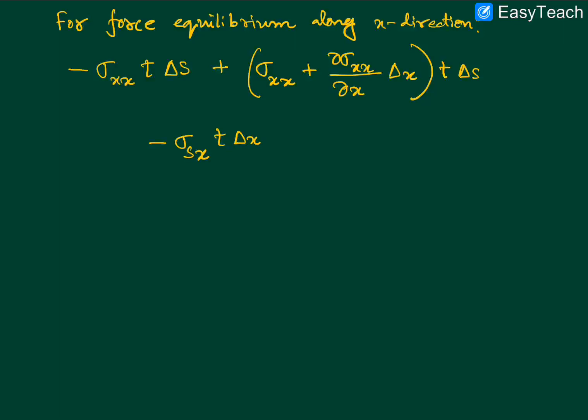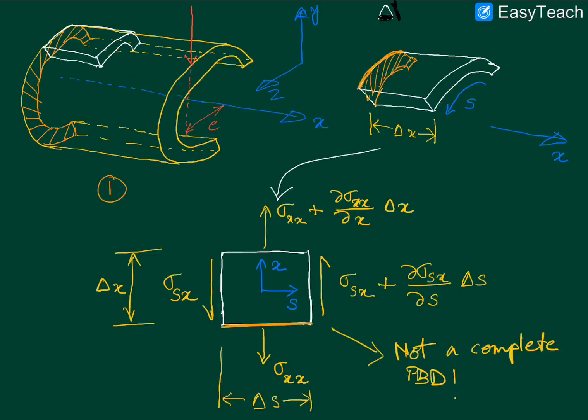The minus sign is coming because if we just quickly refer back to the previous page, you see that this sigma sx is oriented along the negative x direction.